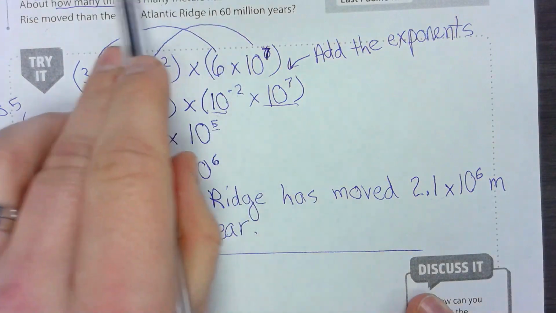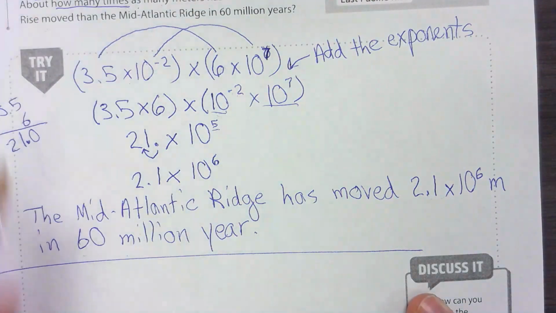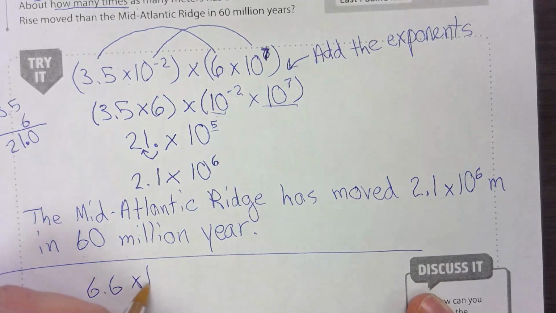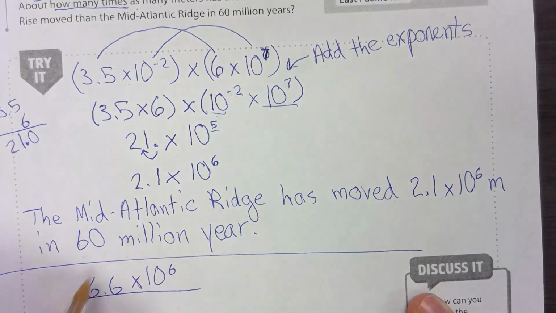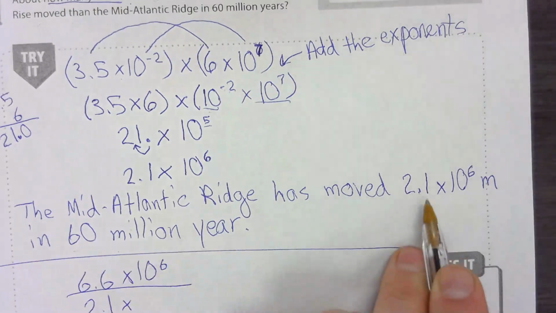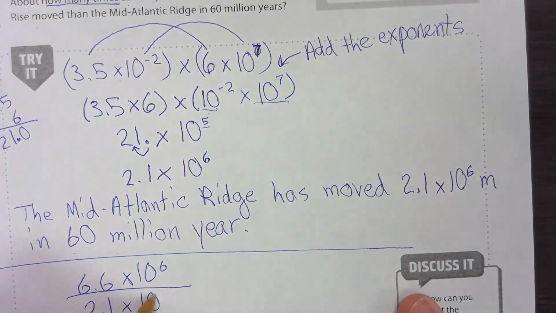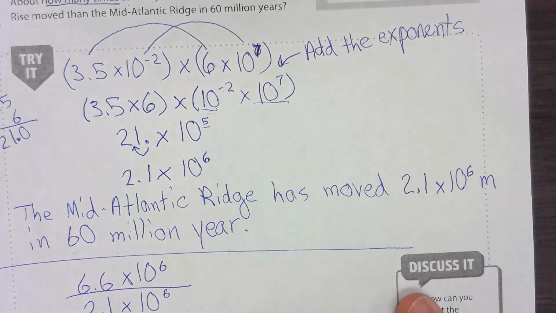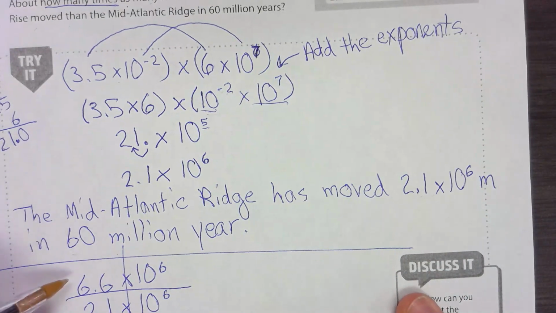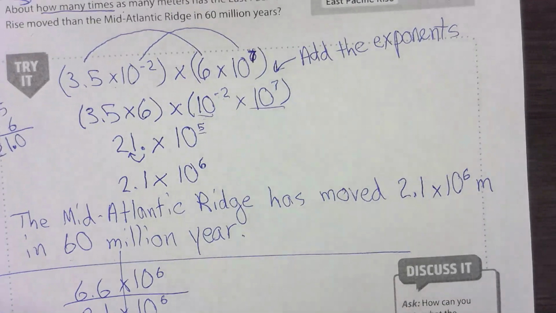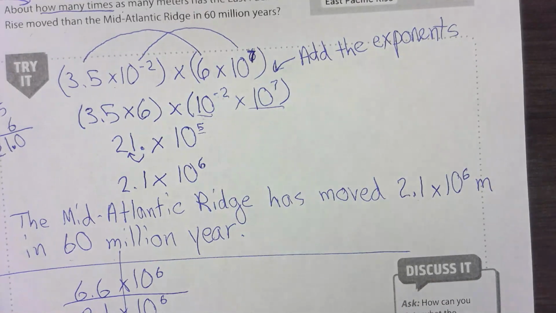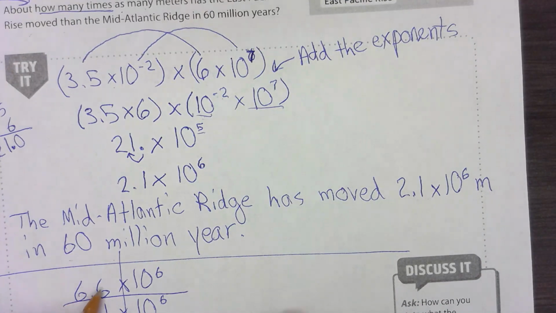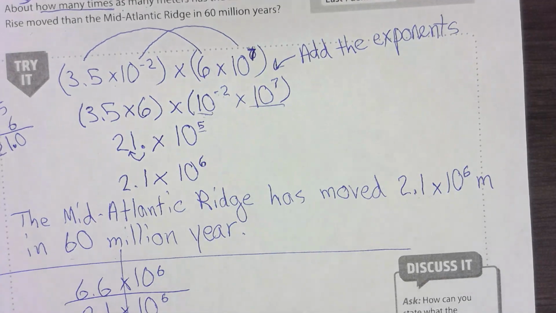We're comparing the Pacific Ridge right here, 6.6 times 10 to the 6th. We're comparing that to our new distance that we just found. Well, this looks pretty easy. We know that we can split this up again. We are going to do the left side and then the right side. 6.6 divided by 2.1.